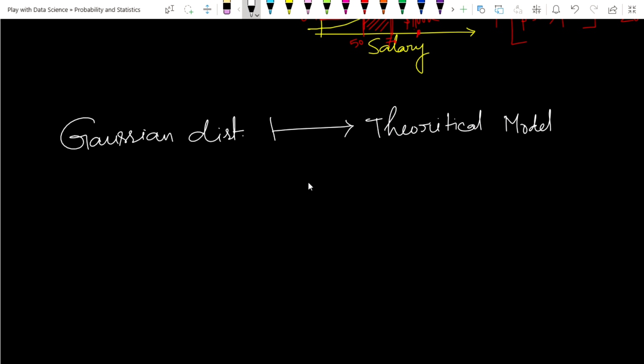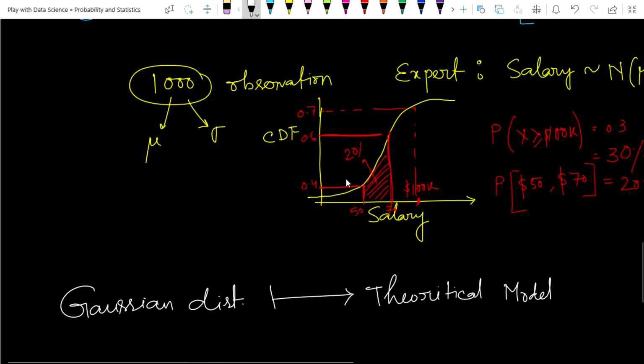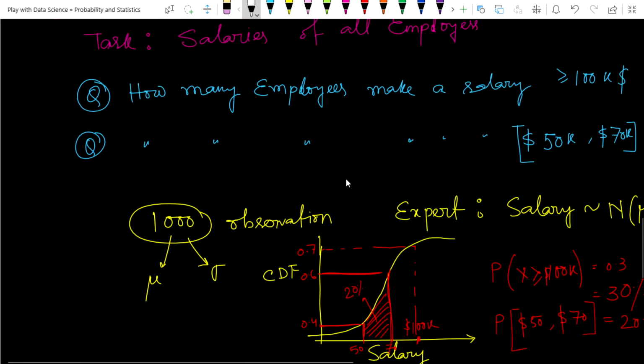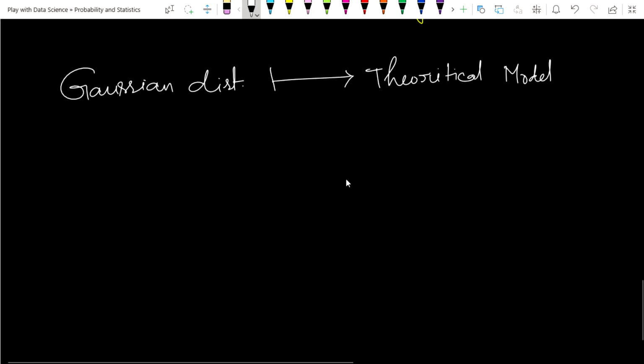Practically we can't be exact, but theoretically we can assume something, an approximation. From our datasets we can estimate some things about our data. This is the first thing that we have to learn.